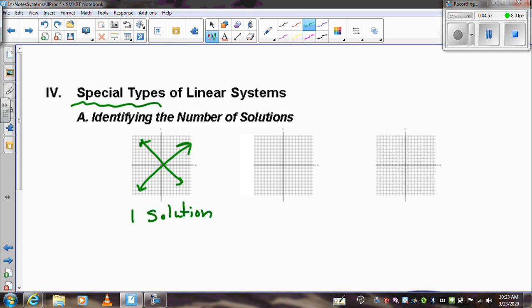There's one point that works in both equations. If we call it one solution, just to give you the type of system it is, we would call that a consistent system. I don't care if you memorize this or not, but it is a consistent system.